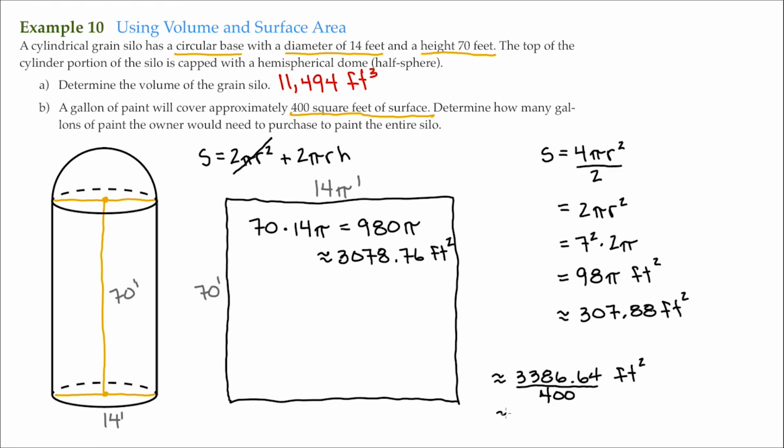That's approximately 8.47 gallons of paint. Or in other words, you probably have to purchase 9 gallons of paint in order to paint the grain silo. And there you have it.